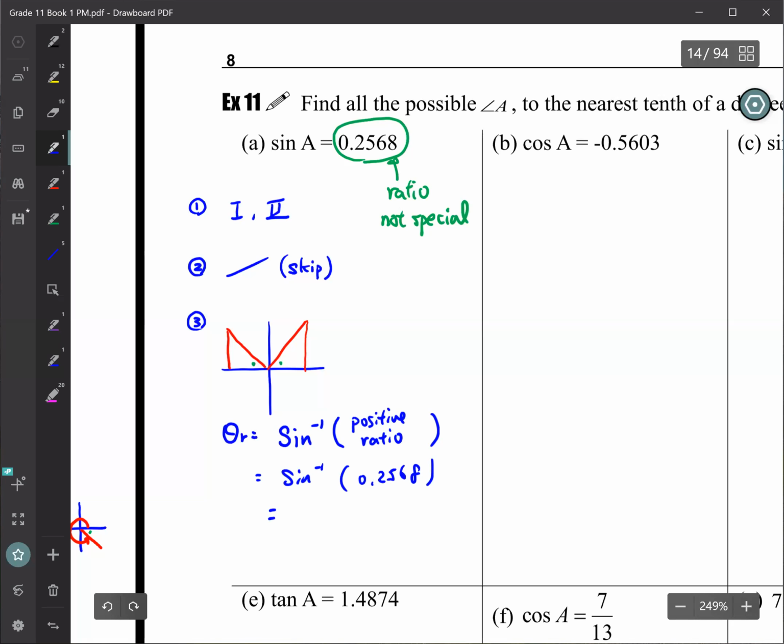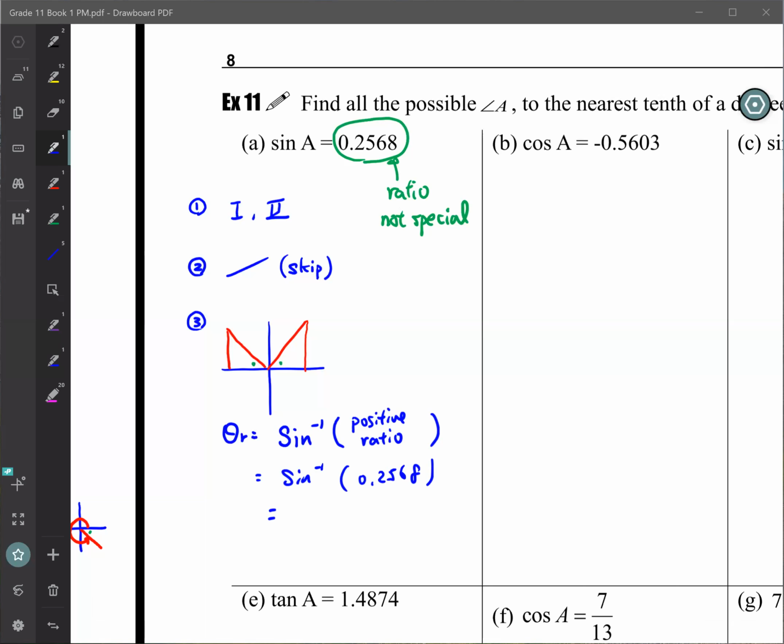Please raise your hand once you get a number. Type in sine inverse.